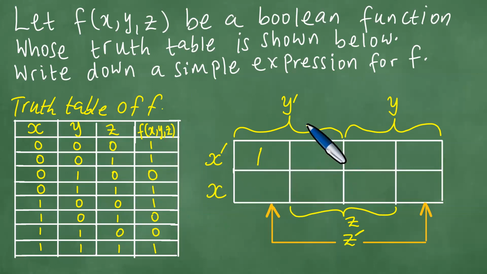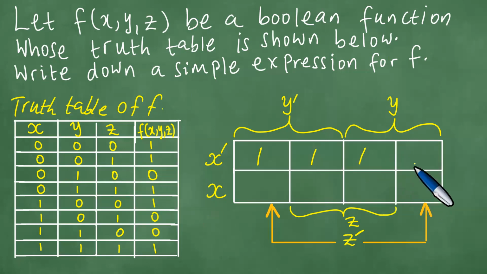Next one is x primed, y primed, and z. So it's 0, 0, 1. 0, 0, 1 is a 1. X primed, y, and z is 0, 1, 1. 0, 1, 1 is a 1. This one is x primed, y, and z primed. So it is 0, 1, 0.